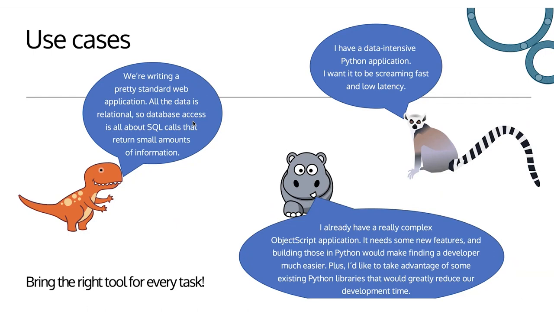You don't really want to mess with what's working well, but it needs some new features, and you really need to modernize it. You would really like to use Python for that, maybe because of the ecosystem I talked about, where there are some libraries you really want to take advantage of, or maybe it's just that workforce issue. It's much easier for you to spin up a Python development team than to find ObjectScript developers up to do that project. And so you'd really love to keep your application in place, but add features using Python.